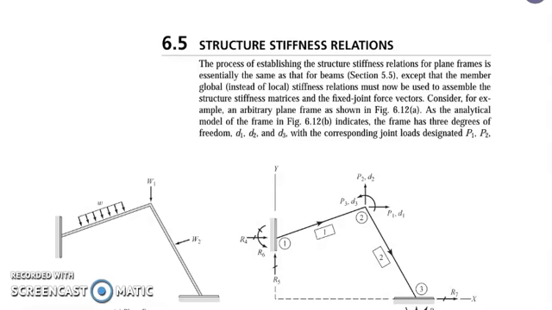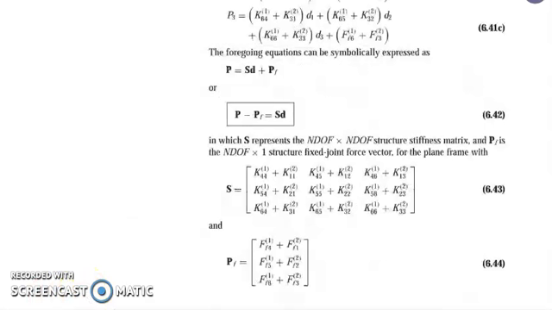So now we're going to identify the equations that we have: P is equal to S times D plus P sub F, or that can be equivalent to P minus P sub F is equal to S times D. And of course, our S is our structure stiffness, wherein we have to assemble that one using our code numbers.